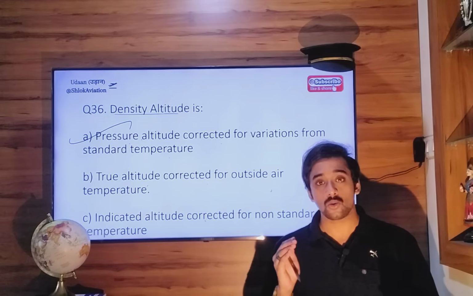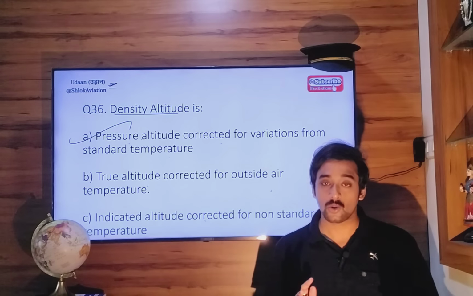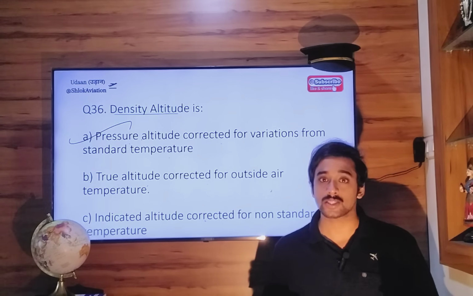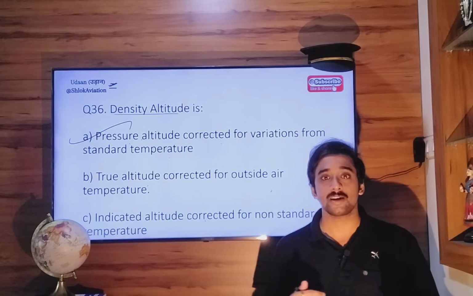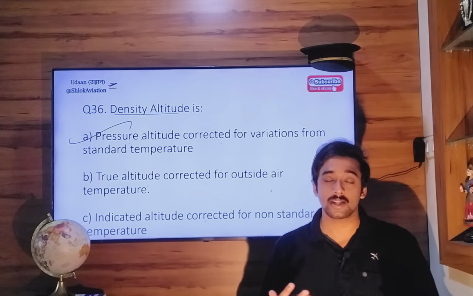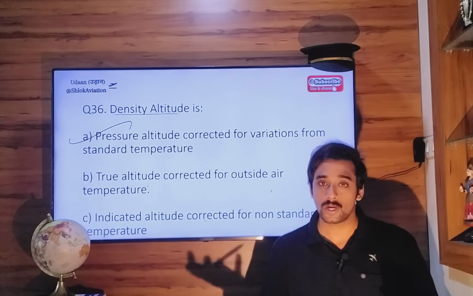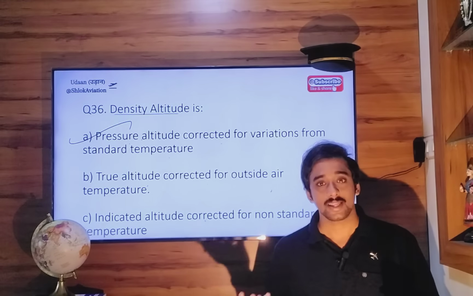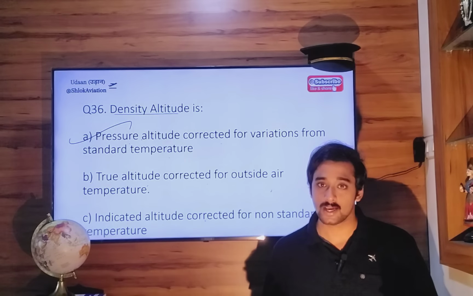When temperatures are colder than ISA, that works in favor of your aircraft. Your aircraft performance will increase beyond your expectations. But when temperatures are warmer than expected, the performance of your aircraft gets sterilized.